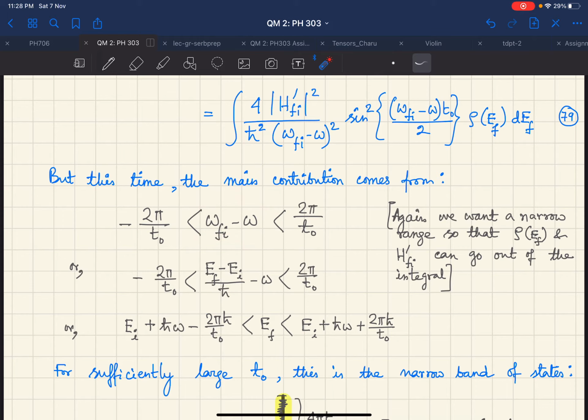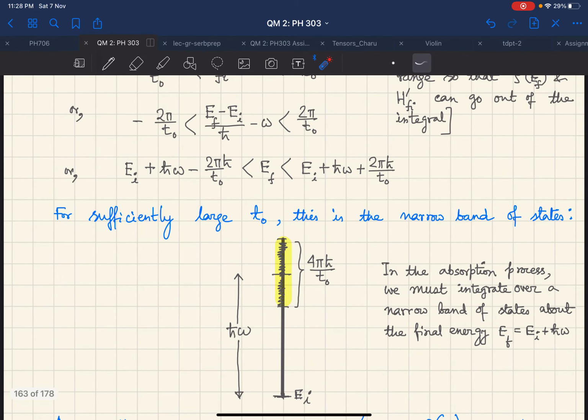So similarly here also you replace this omega Fi by EF minus EI by h bar, do this calculation, and figure out what should be the range of the final state energy such that you have the main contribution from this range. So for sufficiently large T0, this can be shown to be the narrow band of states, which was already shown to you in the case of constant perturbation.